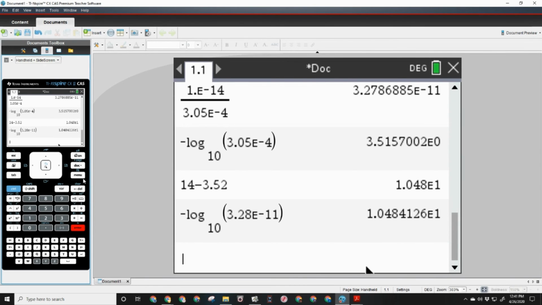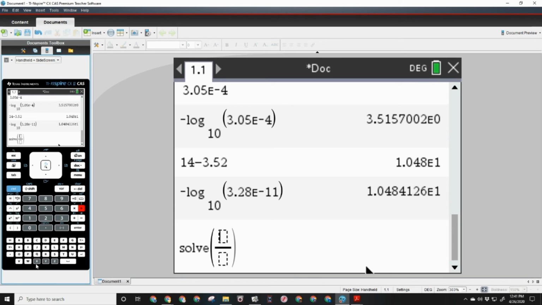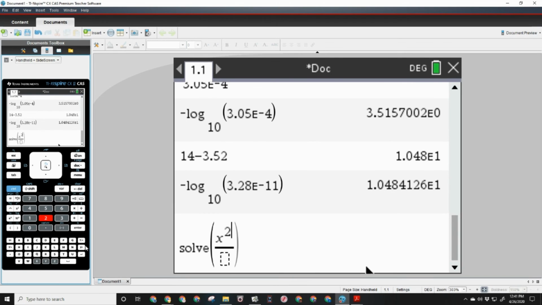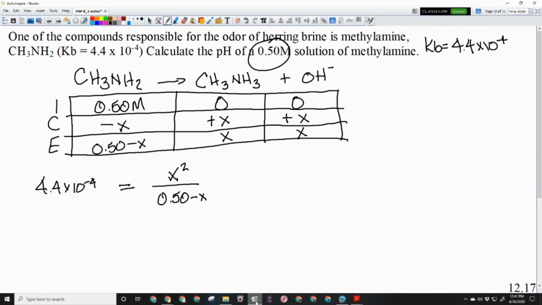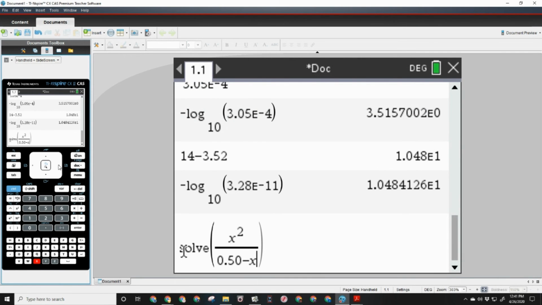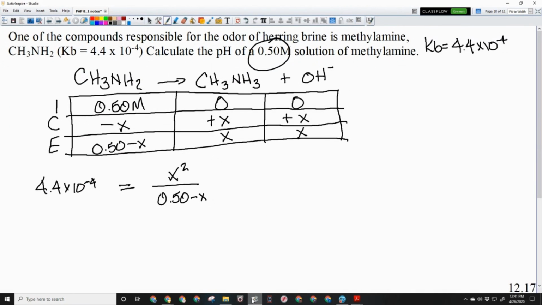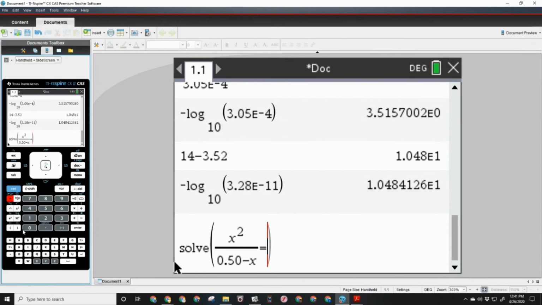So let's go to the calculator. I'm going to use solve. So we have here x squared over 0.50 minus x. That's going to be equal to our Kb value, which is 4.4 times 10 to the negative 4.